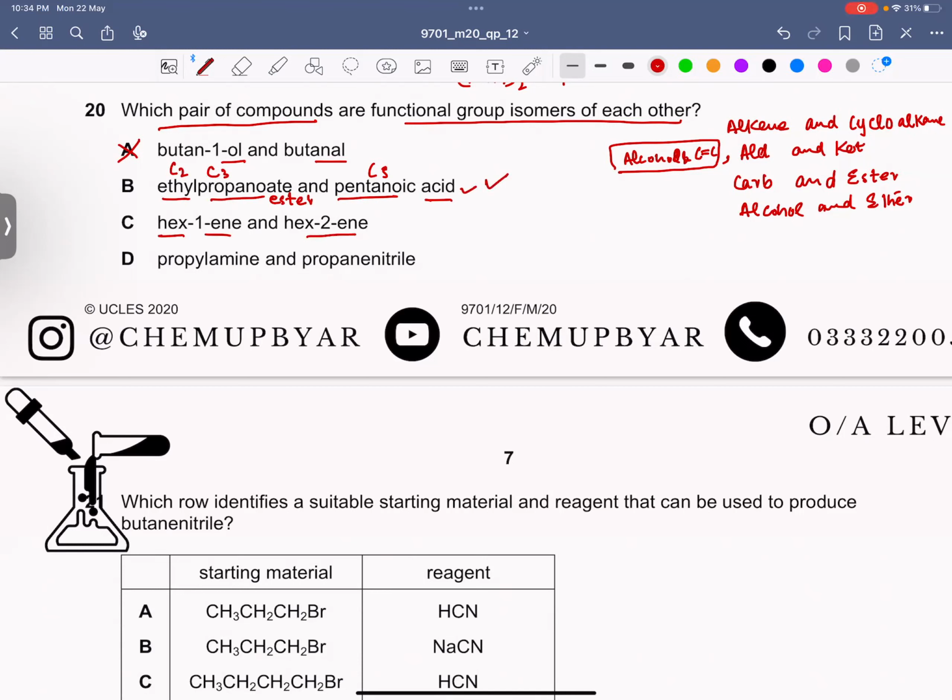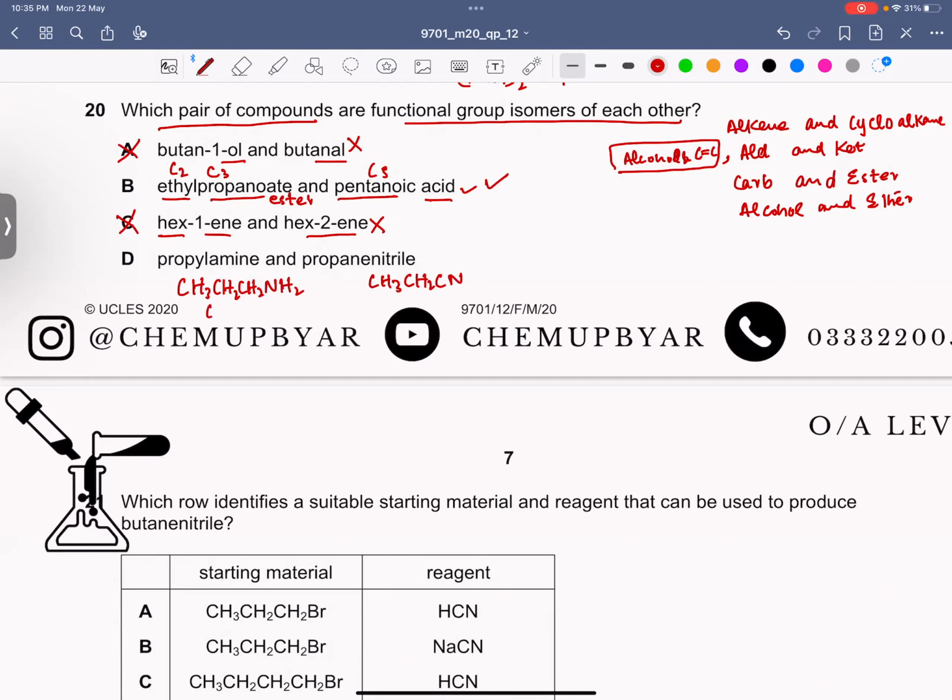Hexene and hex-2-ene, those two are isomers of each other. But they are position isomers, not functional group isomers, because both have a carbon-carbon double bond. Okay. Propylamine and propane nitrile. Propylamine is basically CH3, CH2, CH2, NH2, and propane nitrile is CH3, CH2, CN.